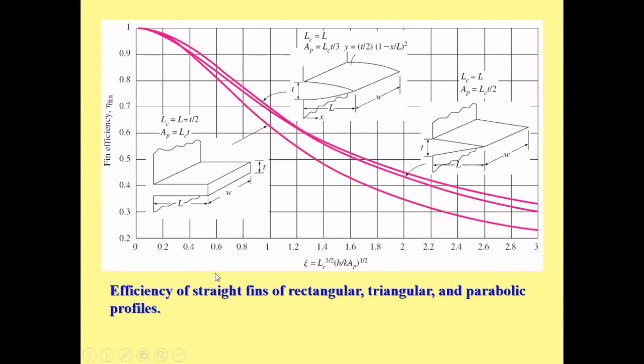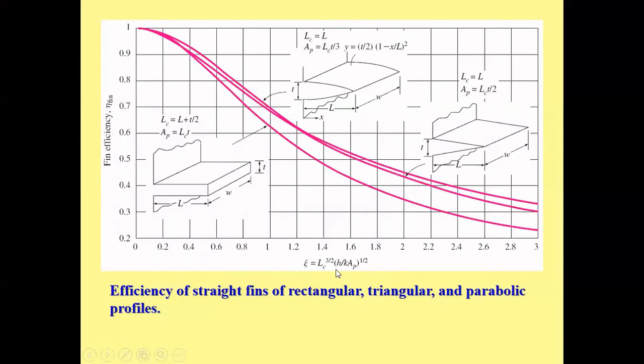There is a chart you can obtain, and there are other types of charts, but this chart is particularly for rectangular, triangular, and parabolic fins. You can see the y-axis here is for the efficiency, and the x-axis is for this parameter.